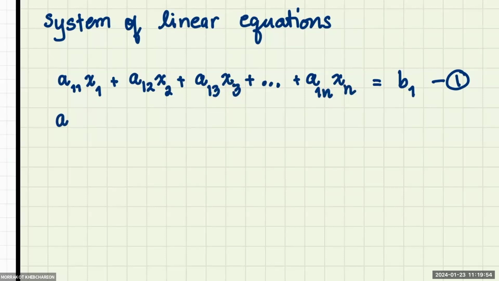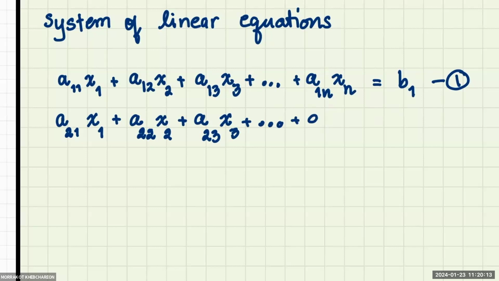In the second equation, I will say A21 times the first unknown, x1. Second equation, second term, A22 x2. Second equation, third term, x3. Second equation, xn.